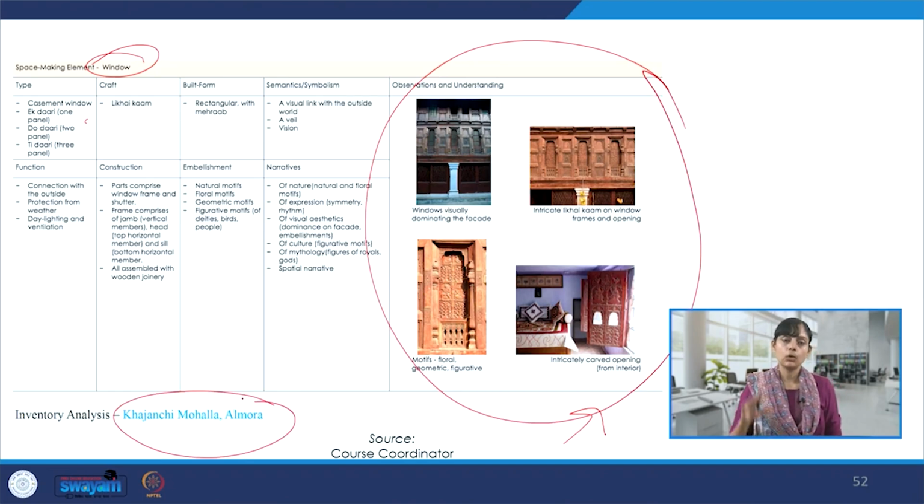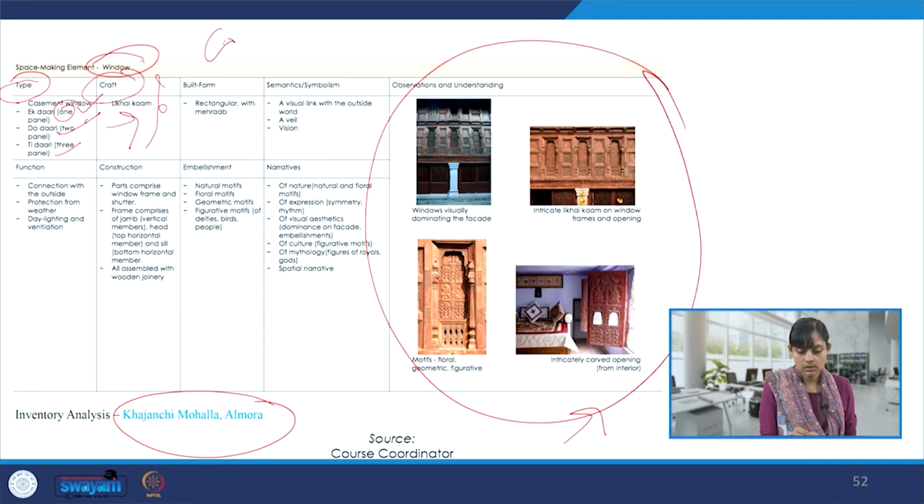Now if I have to analyze this building element in terms of what typologies or types of windows I see here, I see casement window, which is with one panel or two panels or three panels. The craft that I see on the window openings is likhai kam, which is carving, wood carving precisely. What are the built forms associated to these openings?